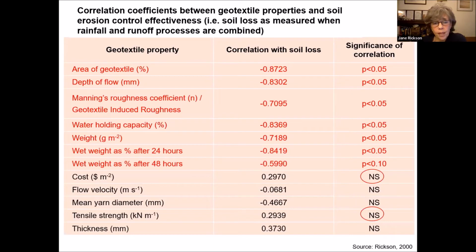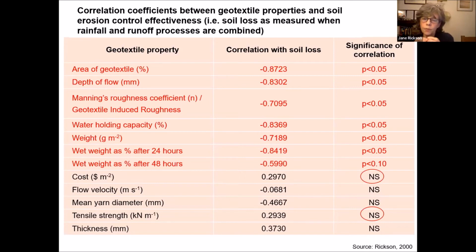And we also found, and I really want to come back to this point, that tensile strength did not explain the soil loss. There was no correlation between tensile strength of these products and their ability to control erosion. And that's really, really important because I think a lot of specifications require tensile strength.